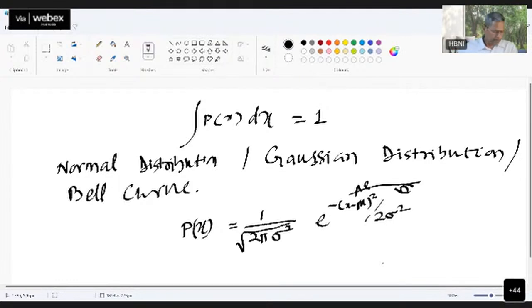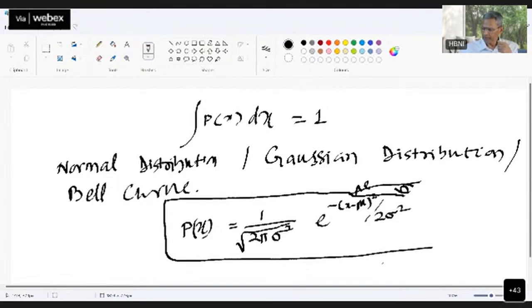This is the probability distribution for the continuous case. This is mostly used in all physical sciences, biology, everywhere. Whenever it comes to a continuous probability distribution, this is the normal distribution, or Gaussian distribution, or bell curve. If you integrate it over the space, from minus infinity to plus infinity, this gives 1.